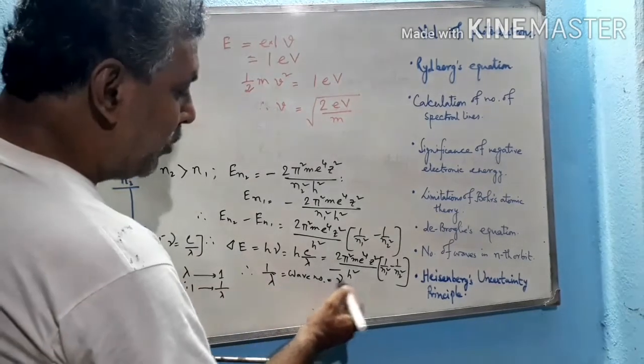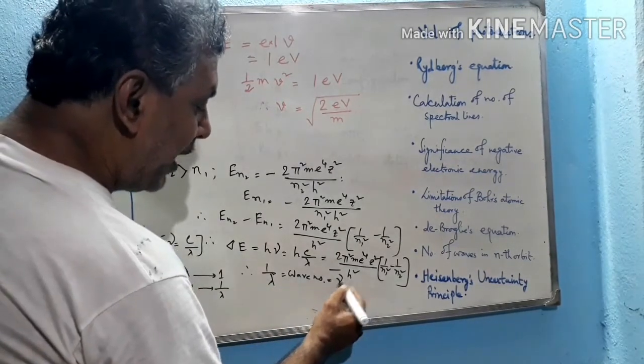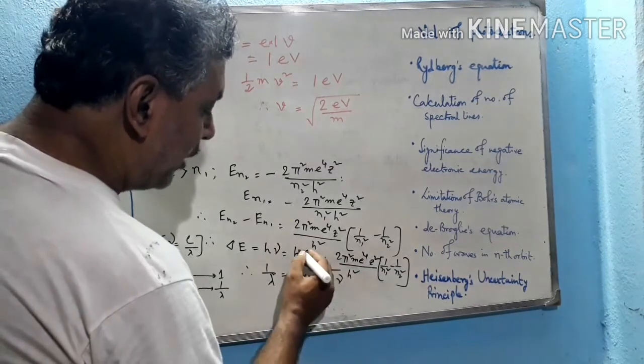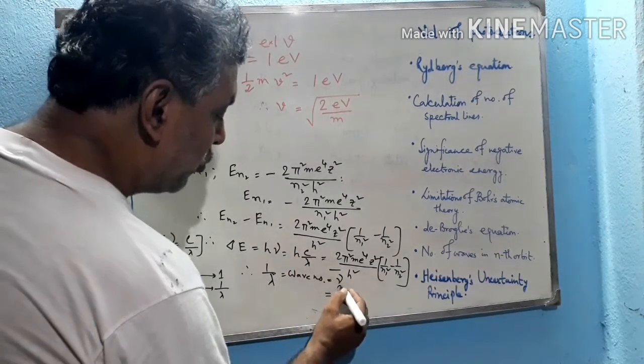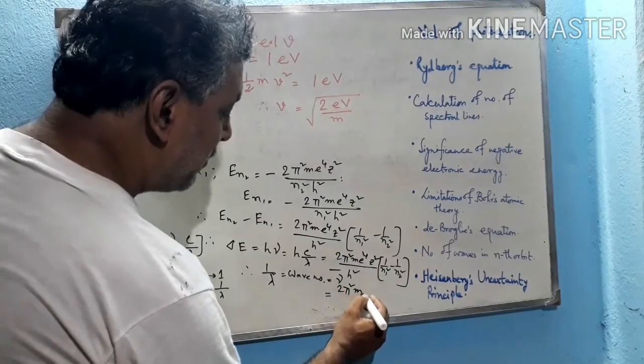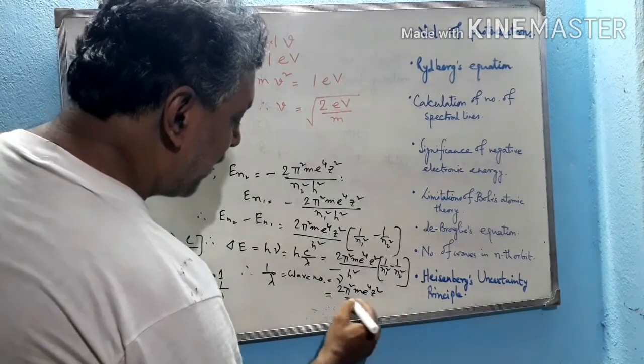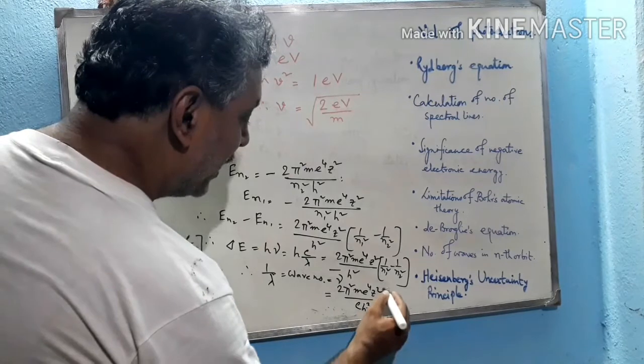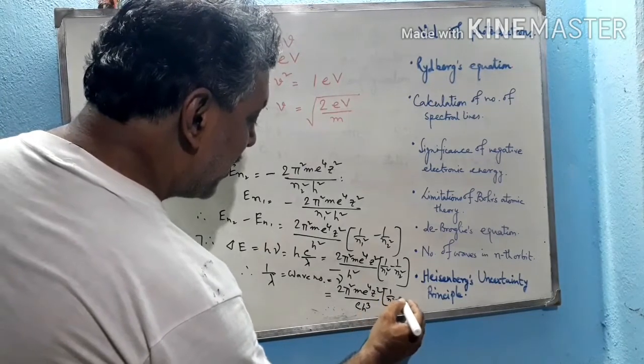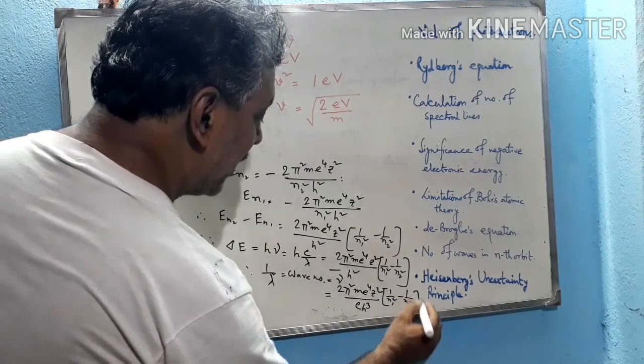That is the wave number, which we denote by nu bar. So nu bar equals, dividing this by hc, 2 pi square m e4 z square by c h cube into 1 by n1 square minus 1 by n2 square.